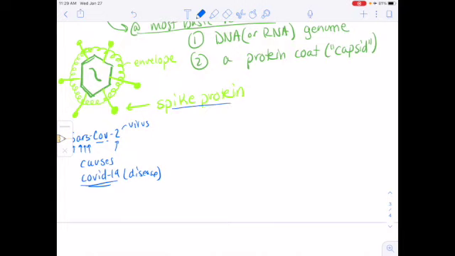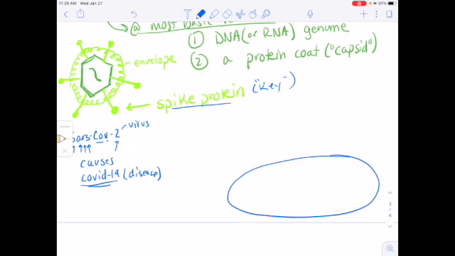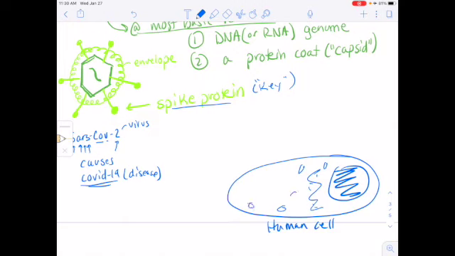But it's the spike protein that is the key that fits into basically a lock that's on your cells. Let's say this is a human cell. I'll give ourselves a nucleus there and a whole bunch of other stuff, some mitochondria, all these things that we'll study. But on the surface of our cells, we have these proteins, and this one is, in this case, called the ACE2 receptor.